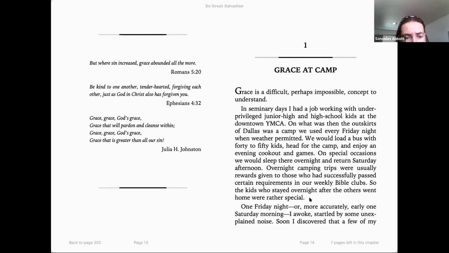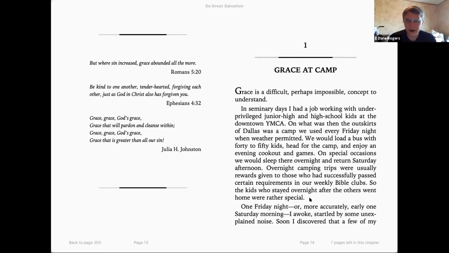We would load a bus with 40 to 50 kids, head for the camp, and enjoy an evening cookout and games. On a special occasion, we would sleep there overnight and return Saturday afternoon. Overnight camping trips were usually rewards given to those who had successfully passed certain requirements in our weekly Bible class. So the kids who stayed overnight after the others went home were rather special.